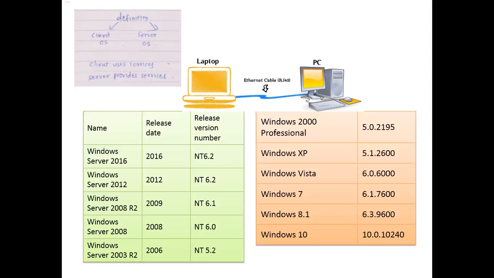So what's the difference between these operating systems and Windows Server 2016, Windows Server 2012, Windows Server 2008 R2? If you compare table 1 and table 2, you will immediately understand that the first aspect is the commercial thing.